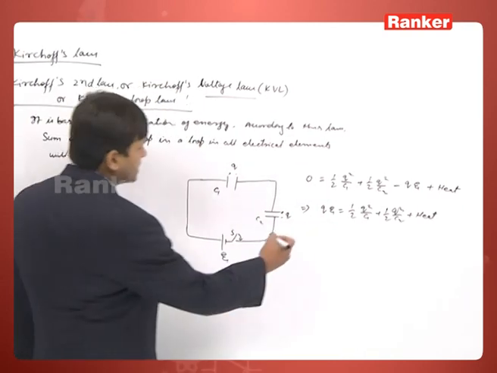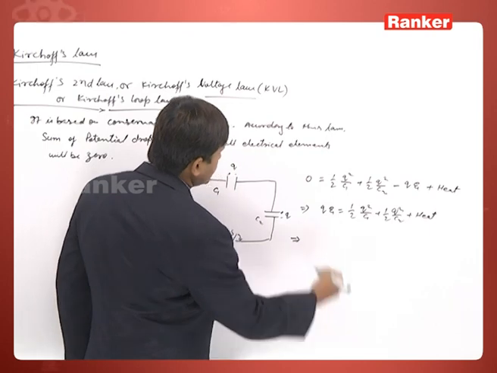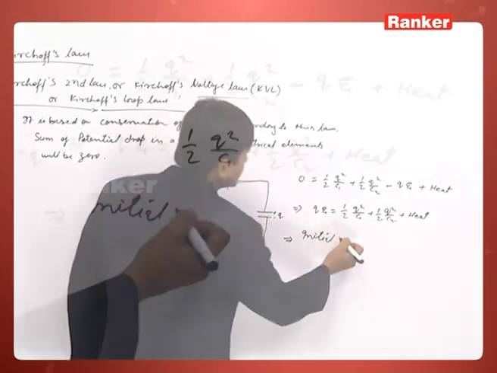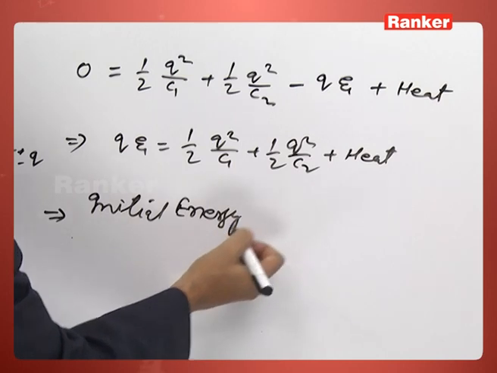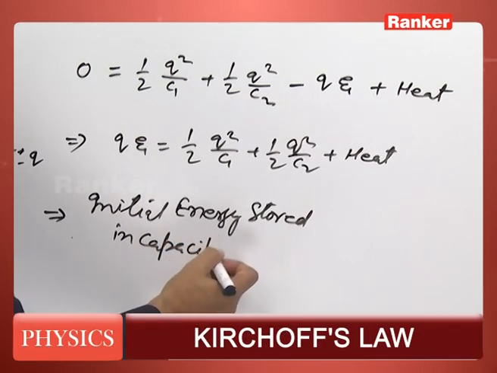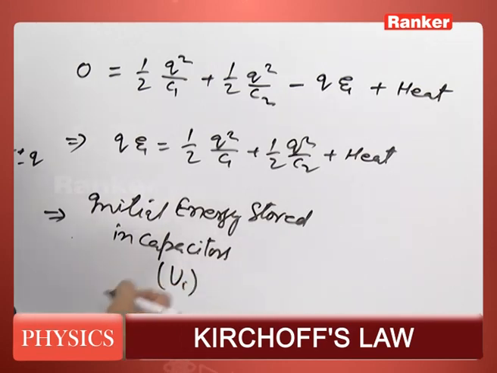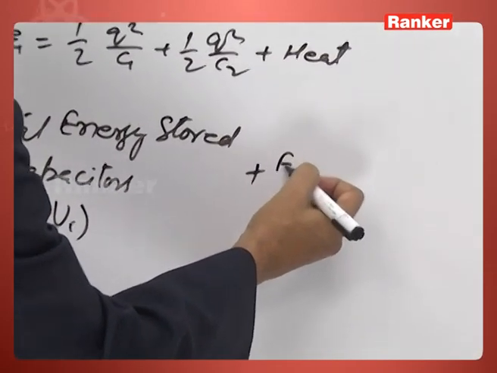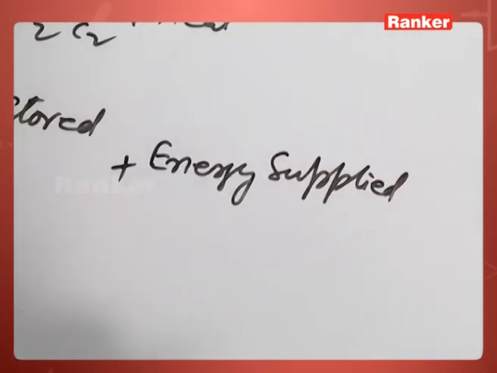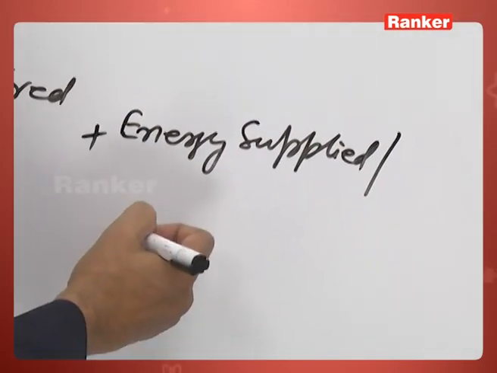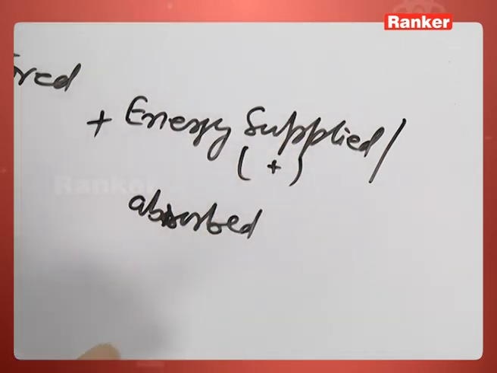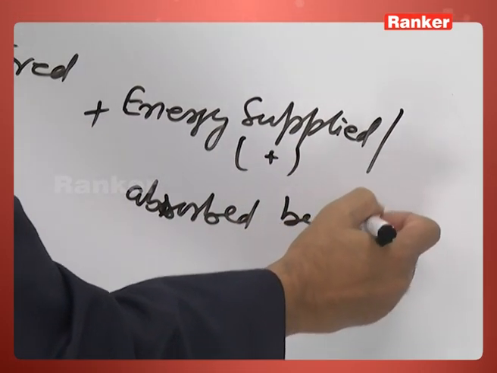So in general we can write, from energy conservation, initial energy stored in capacitors, that we can represent as Ui, plus energy supplied, and sometimes absorbed. When supplied, positive; absorbed by cell.